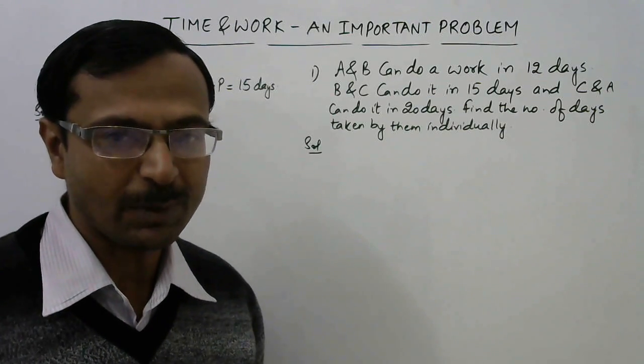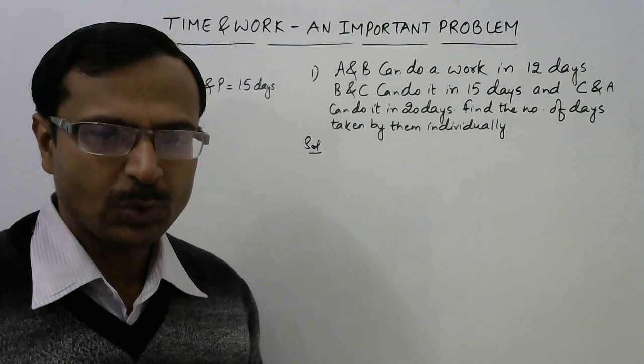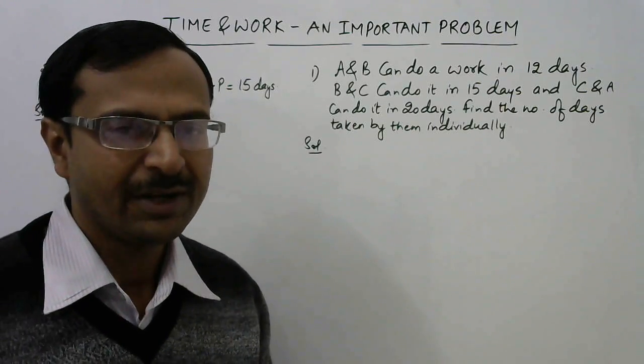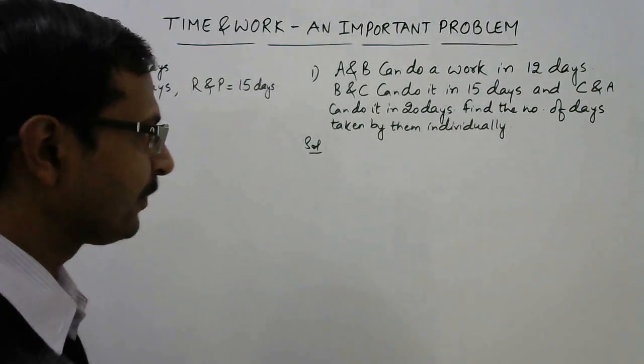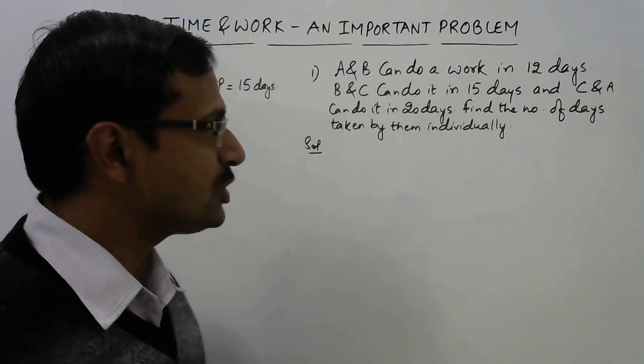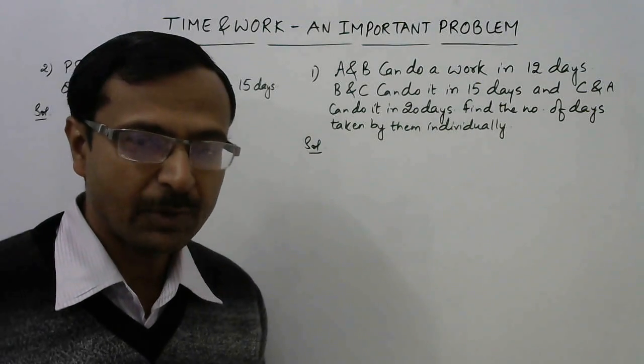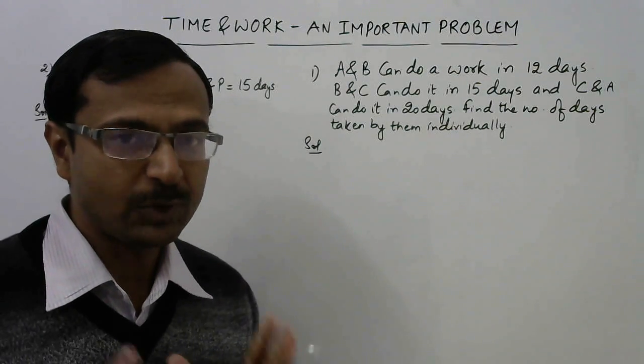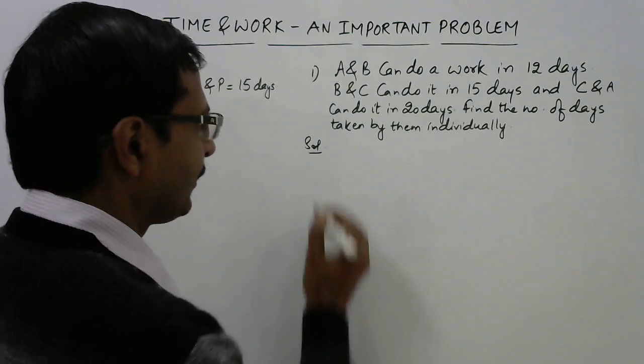A very important problem, and if you know the shortcut, you can solve it in very little time. So let's see. First of all, we need to find the number of days taken by all of them together. Now, how do we do that?